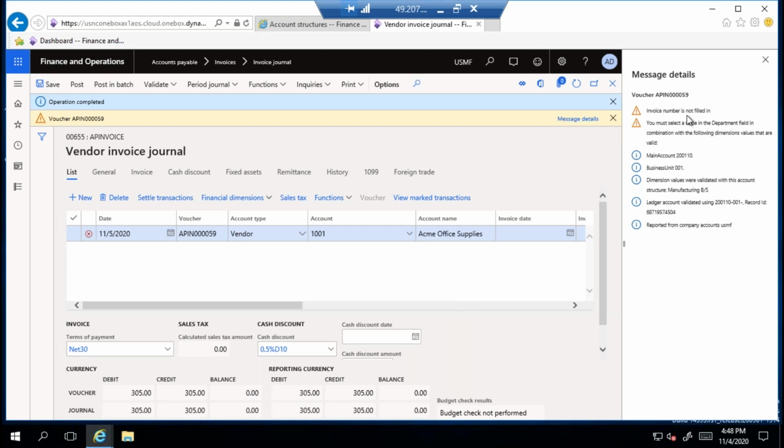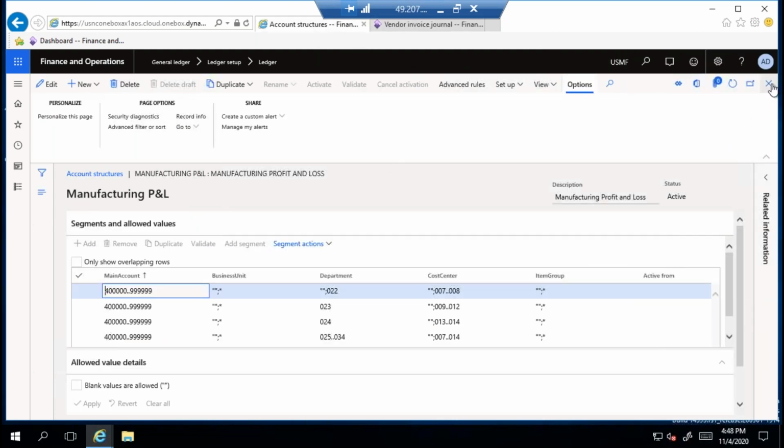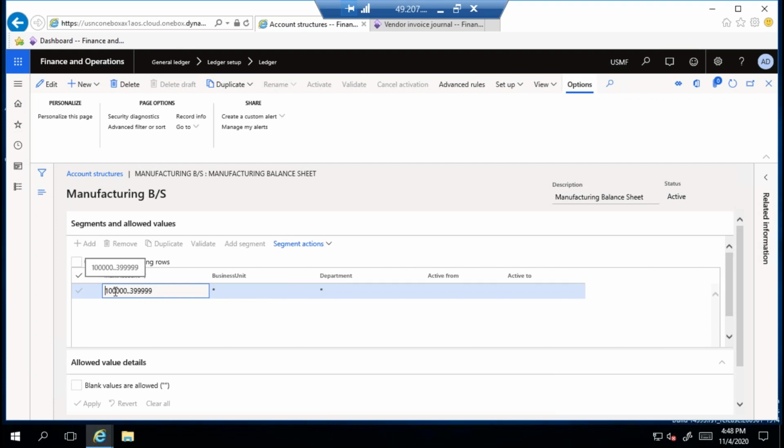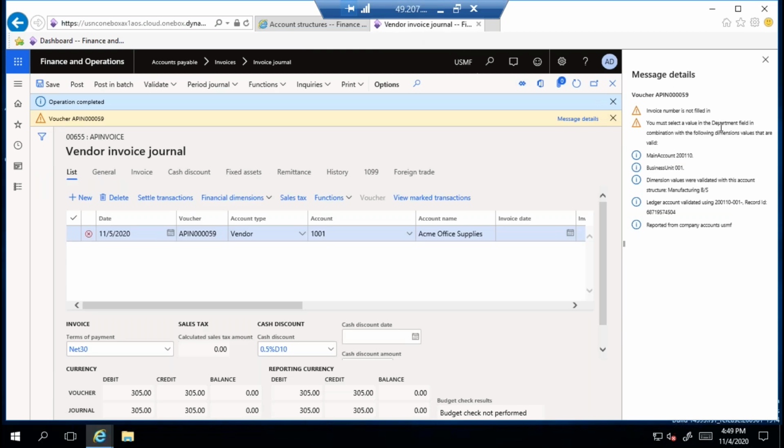So now it is telling that department is not filled, because for the accounting structure 100029999, for these ledger accounts I made business unit and department mandatory. Now it is throwing an error message related to department. Okay, understood.